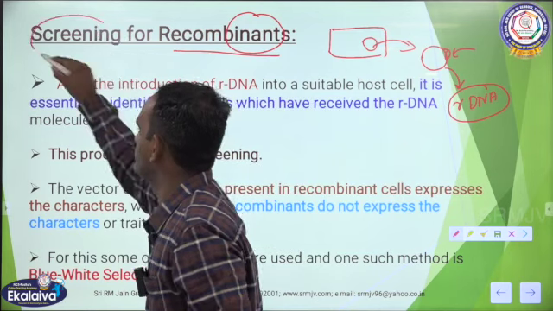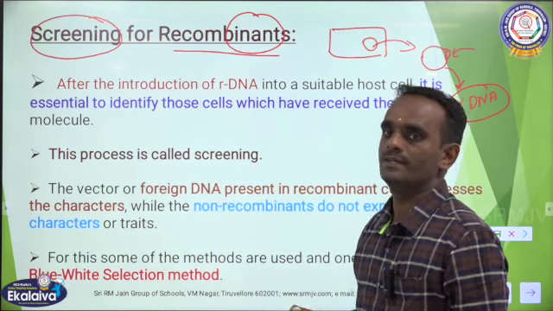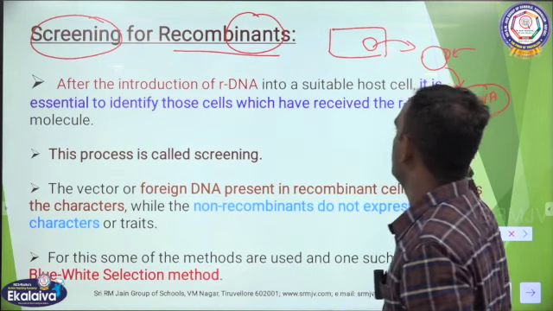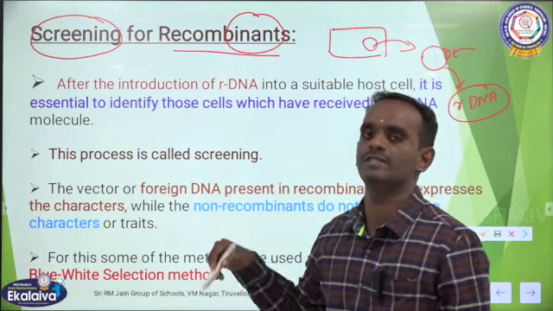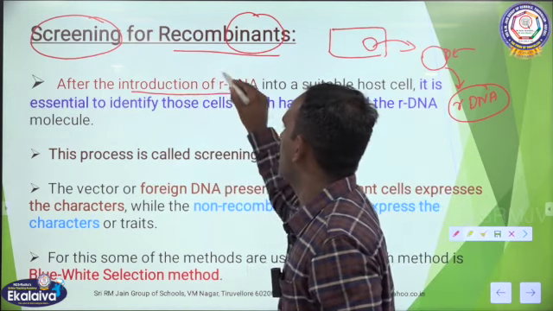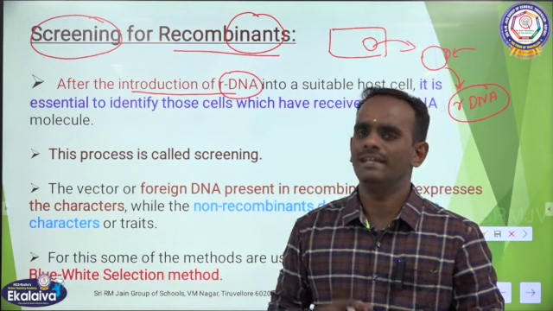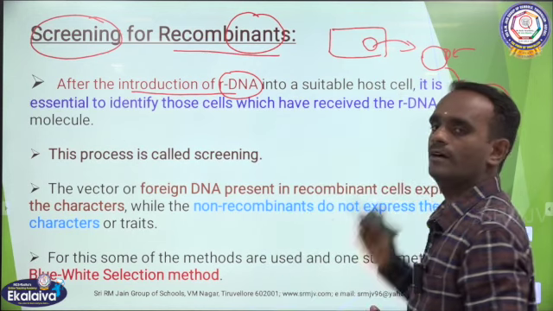Now we are going to discuss screening for recombinants, that is, whether the recombinant vector is present inside the host cell or not. Clear? rDNA is nothing but recombinant DNA, that is, the recombinant plasmid.